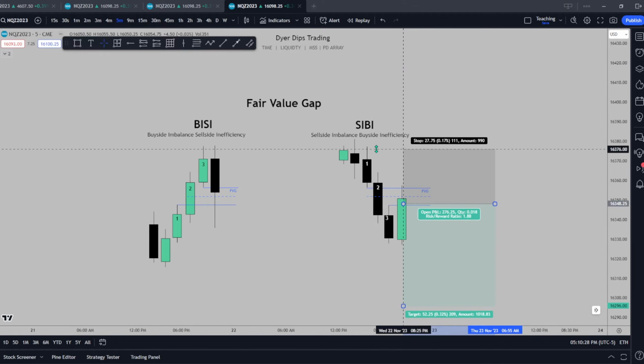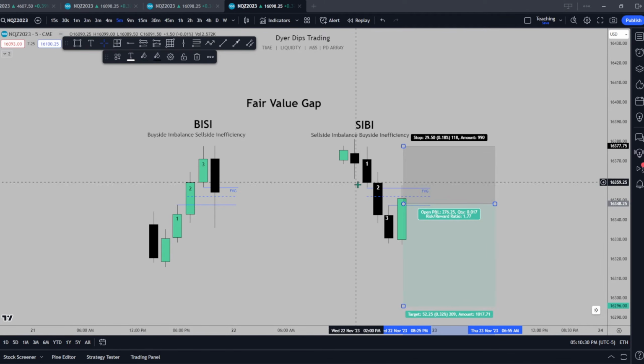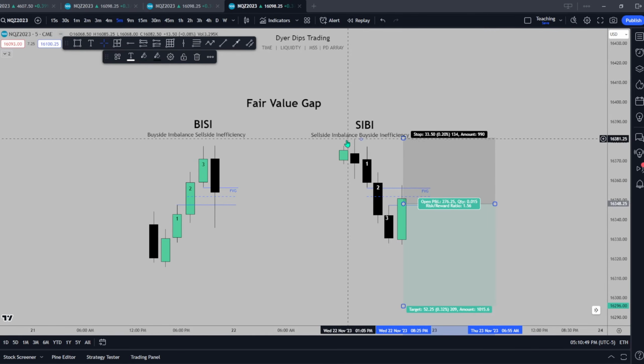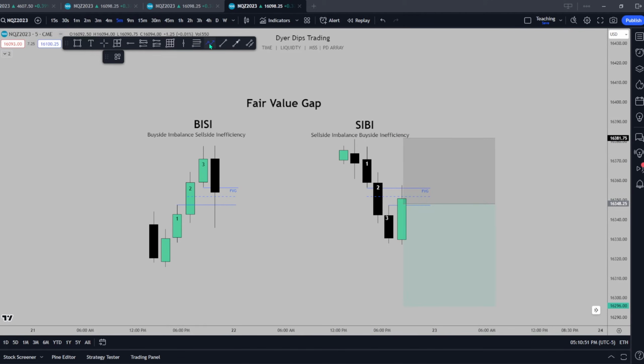If possible, I would like to put my stop loss above candlestick 1's high. If there's any way for me to get into a trade and have a 15 handle stop loss, and this is not 15 handles, but if there was, and have my stop loss above candlestick 1's high, this is a great stop loss placement. And the final and most safe stop loss placement is going to be above the swing high here, and that essentially allows price to continue in a bearish trend, if that's what we're doing, and ultimately continue to make lower highs.